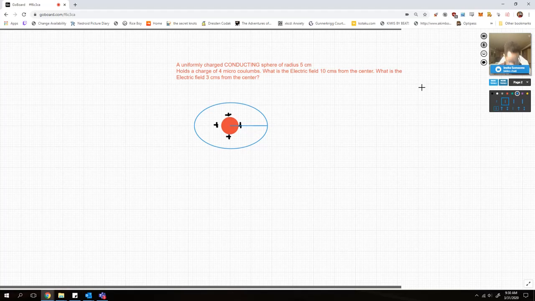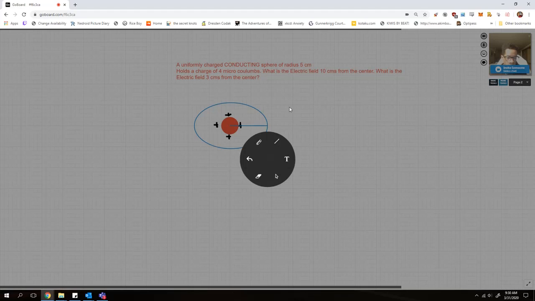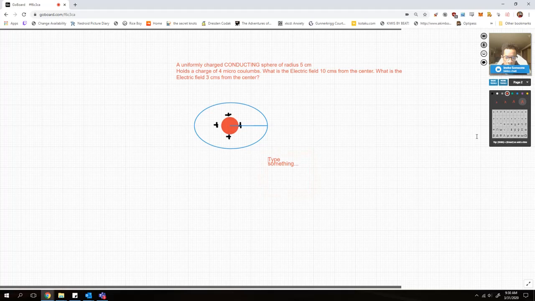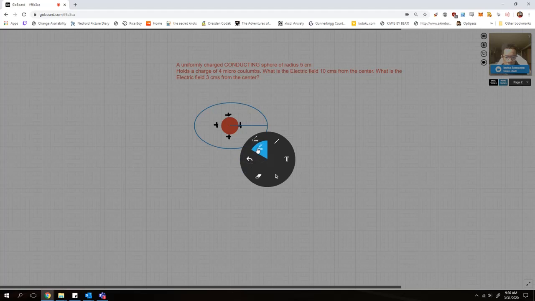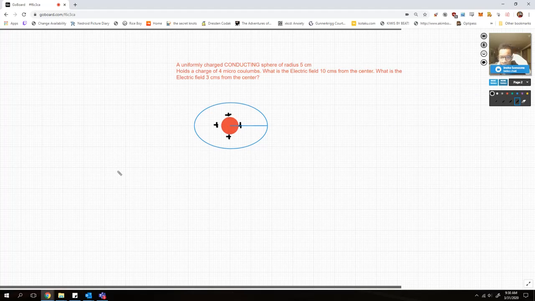So I would write the integral of E dot dA equals Q enclosed over epsilon naught.